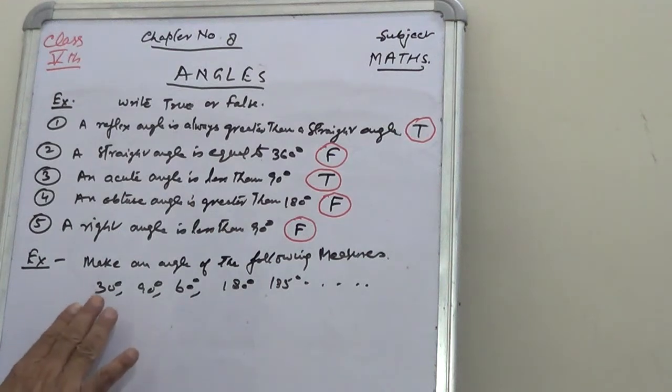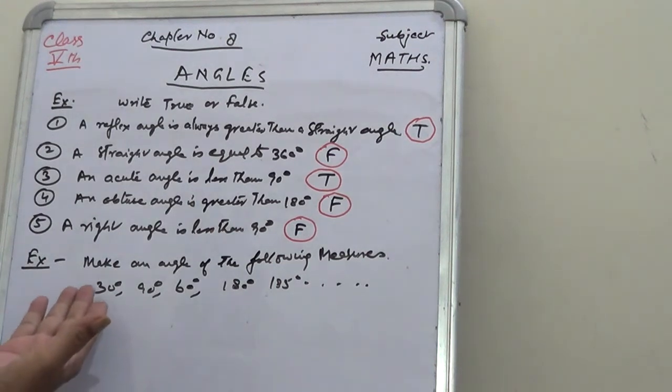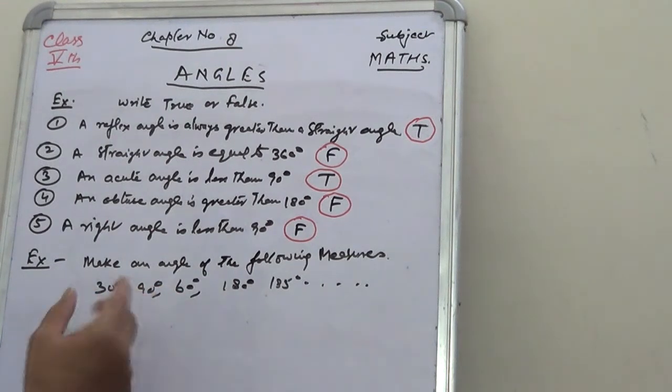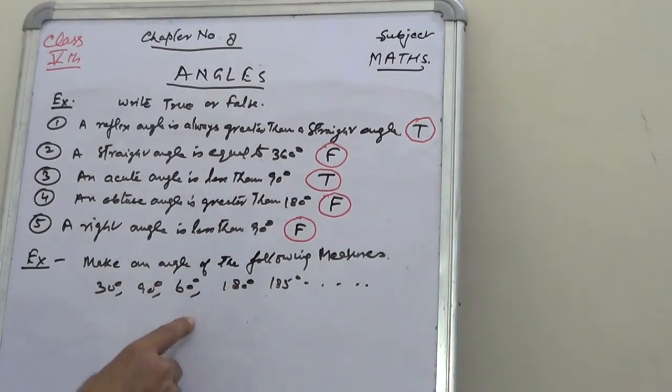So what is there in this problem, children? Nothing. You have to make an angle. You take your protractor and draw a line, then make the appropriate angle which has been asked by the examiner. So making an angle is not a very big problem. I have mentioned it here because such type of problem is generally asked in the chapter. Suppose 60 degree, you can easily make the angle of 60 degree.